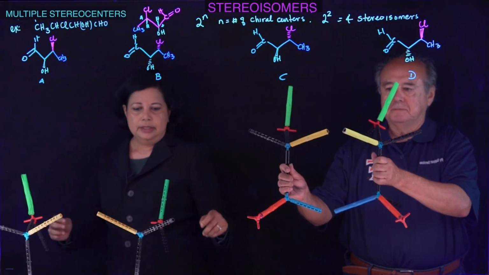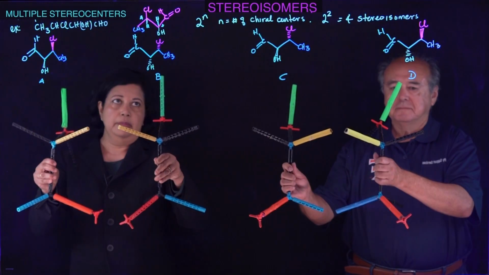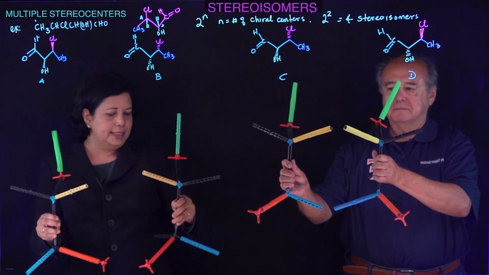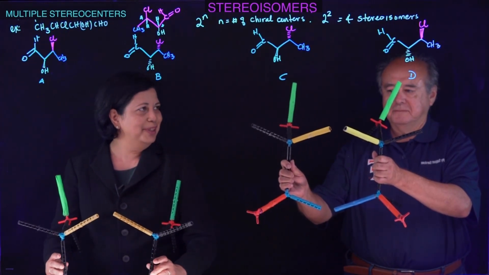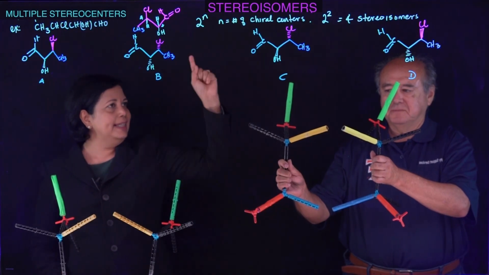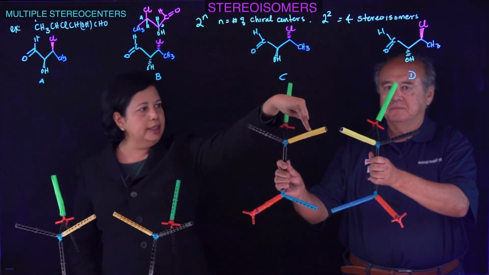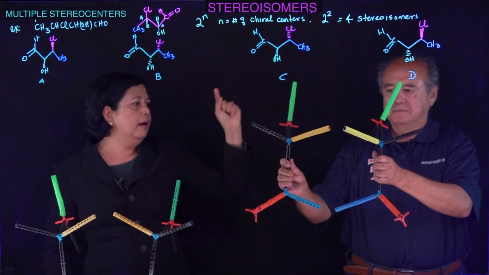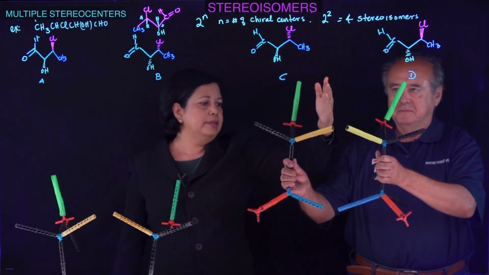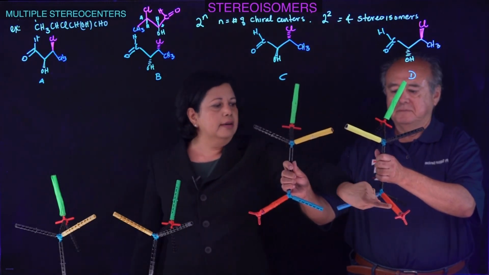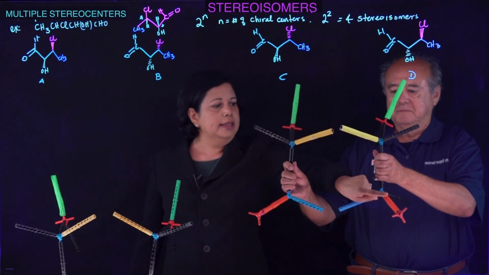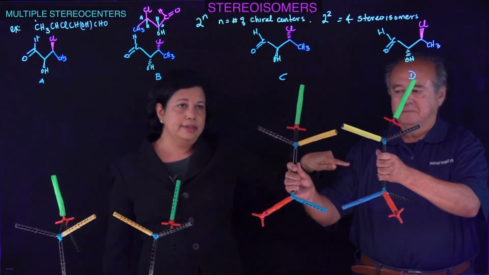All right, so these two are mirror images. Let's look at C and D. Here's John holding them up for you. And you can see that over here, these two groups are reflected as though on a mirror on this molecule, and they're in the exact opposite orientation.